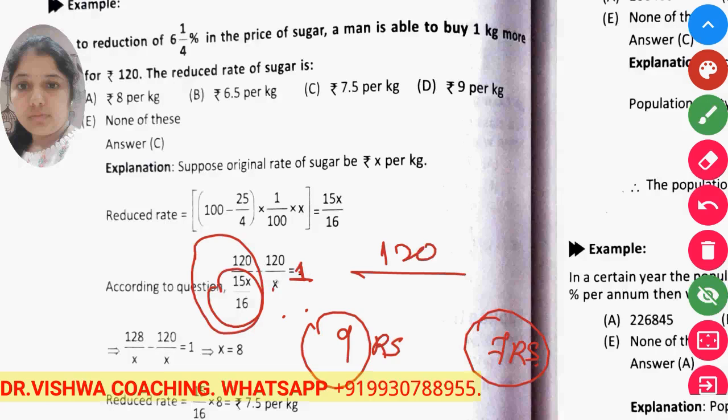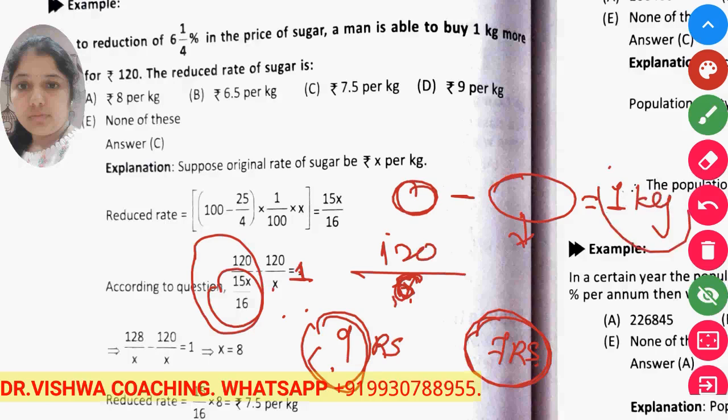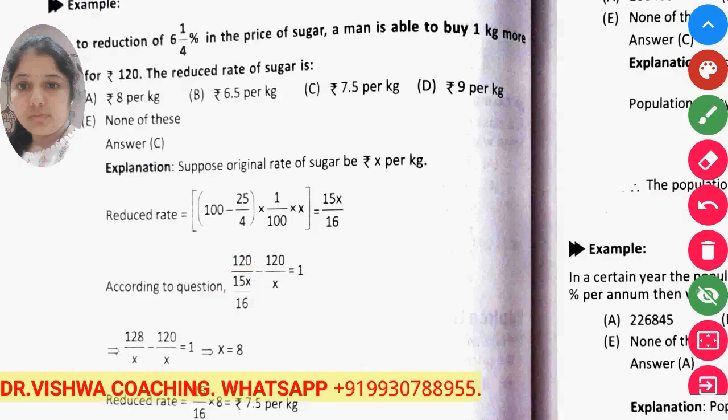Why? I will tell you. Now see, previously it is 9 rupees and then it is 7 rupees. If I divide 120 by 7, I get a bigger number than 120 by 9, and when I subtract, I get 1 kg extra sugar in that price.